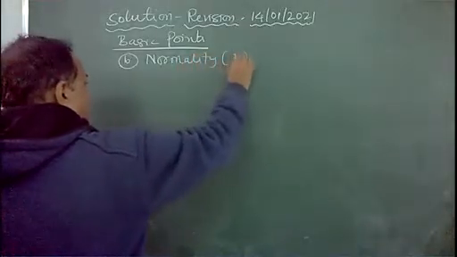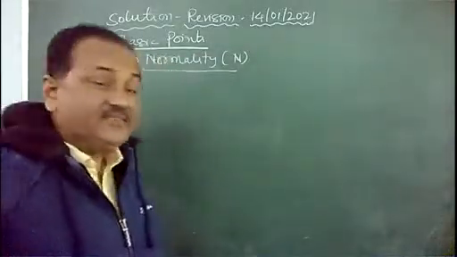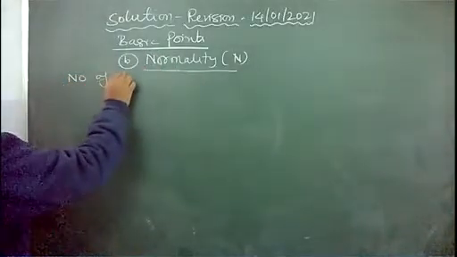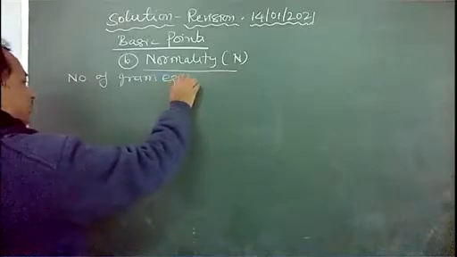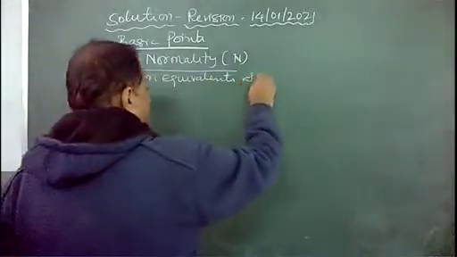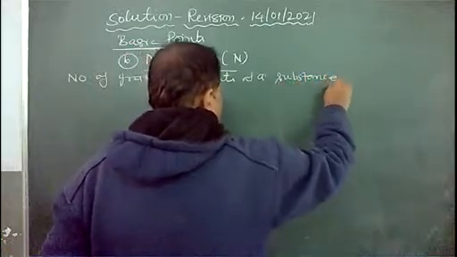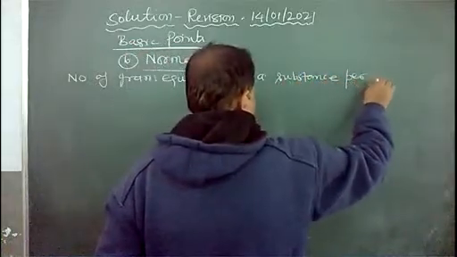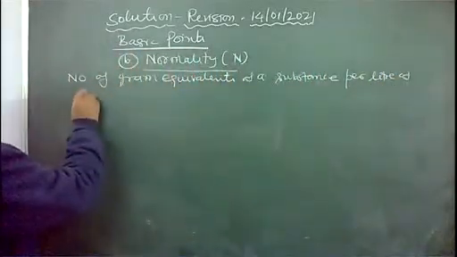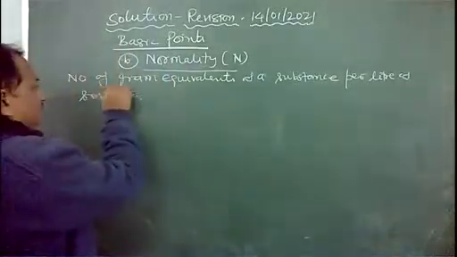Normality has the symbol capital N, and normality is defined as number of gram equivalents of a substance per liter of solution. Per liter of solution, number of gram equivalents.